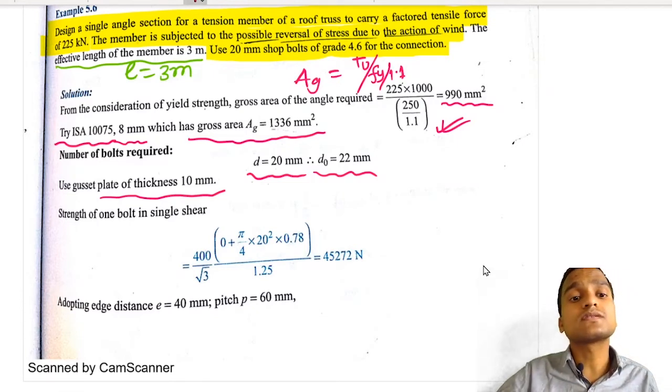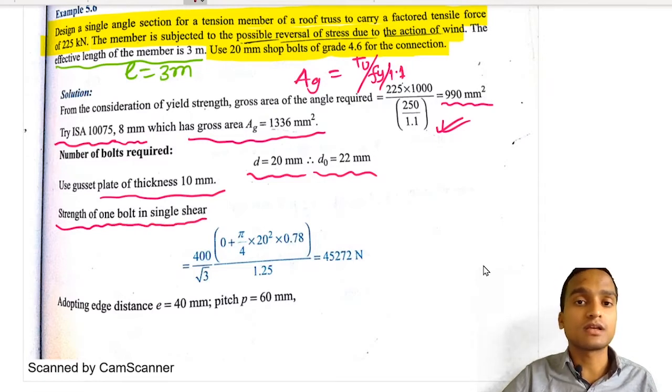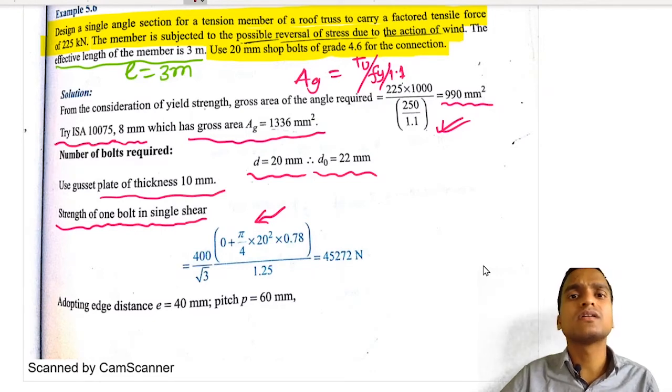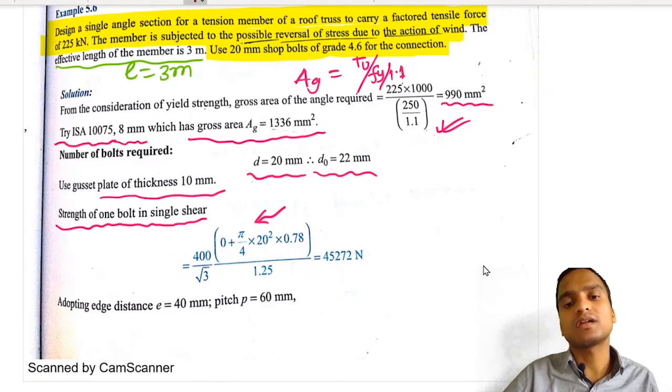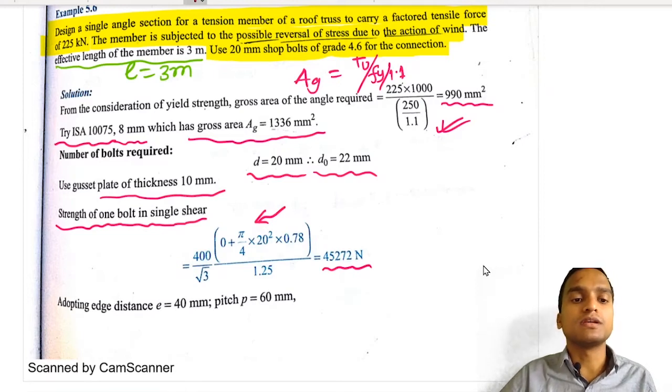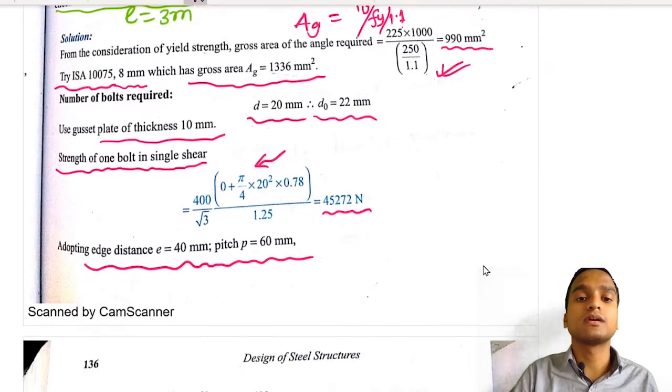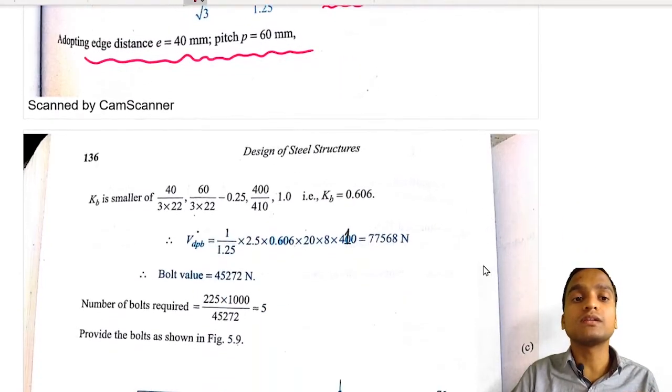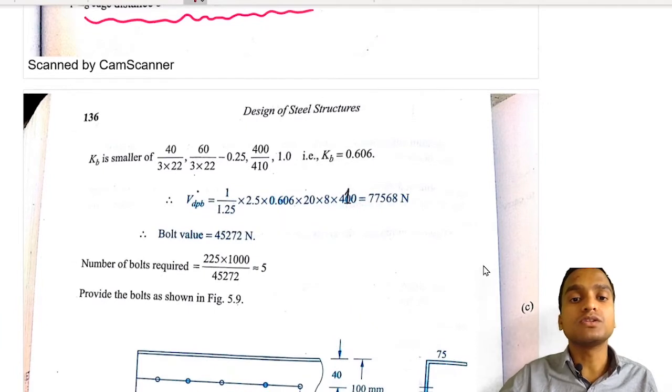In case of bolt we have to calculate the strength first of all in single shear. This is the formula, and there is only one shear plane, which we have considered in the thread portion, considering the net sectional area in the threaded region, and it is equal to 45.272 kilonewton. And if we adopt the edge distance 40 mm and pitch 60 mm, then the strength of bolt in bearing will be calculated using this formula.